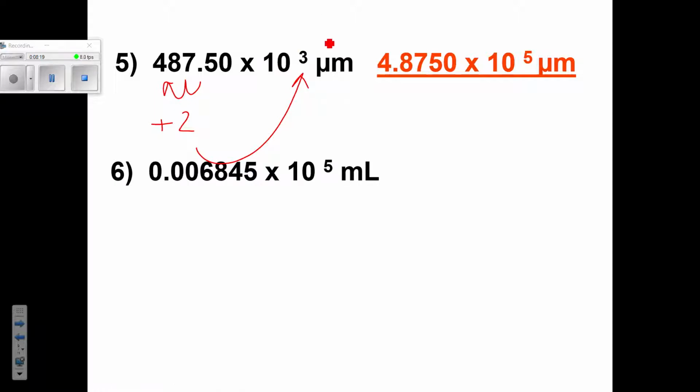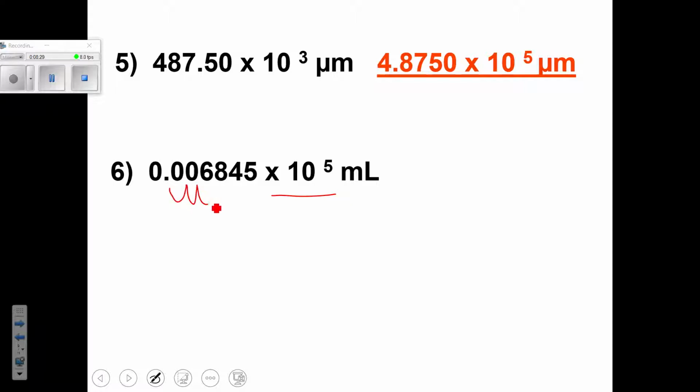Now our next one is kind of similar here. We have this number, we have a power of 10 already that we need to think about. We're going to move our decimal 1, 2, 3 places backwards. 3 to the right normally means I'm going to have a -3 exponent. So if I combine -3 with a +5, that's like saying 5 minus 3, correct?